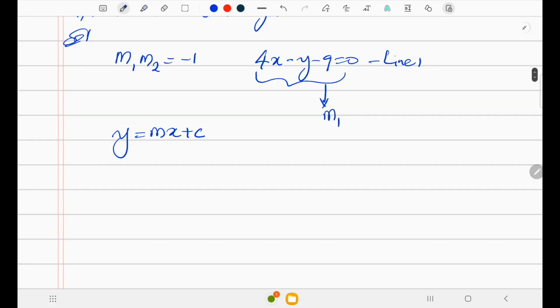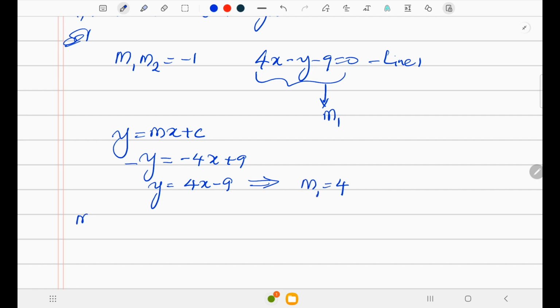So here, minus y equals minus 4x plus 9 from this line 1. Therefore y equals 4x minus 9. So from this we found m1 equals 4.